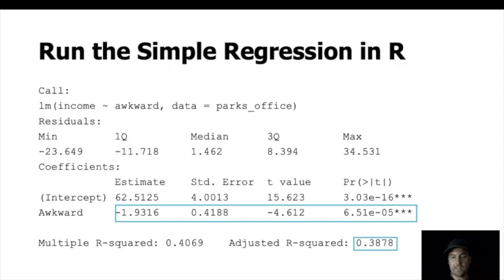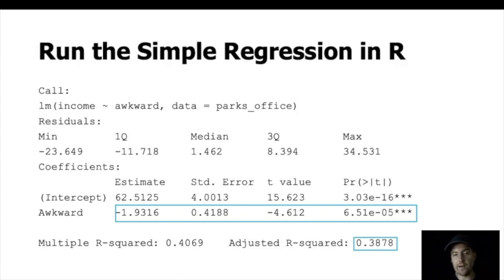The other thing that we have boxed here is the adjusted R squared. It's like the R squared that we talked about a little bit ago. It's a proportion of variance explained in the outcome by the predictor. But the adjusted adjusts for the complexity of the model, and it usually is what we would actually see in the population. So it's a great one to go with.